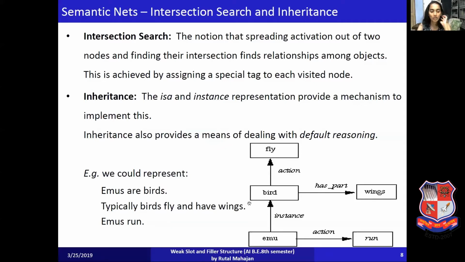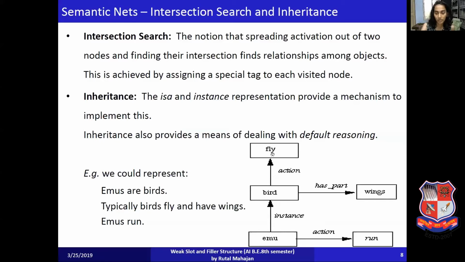So there are entities like emu, bird, fly, wings, run. Okay, now let's connect it with relationship. Like bird and emu. We can say that emu is an instance of a bird. Emu is a kind of bird, so we can say emu is an instance of bird. Bird, generally what action it does?